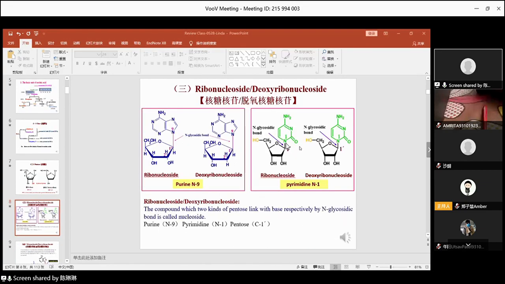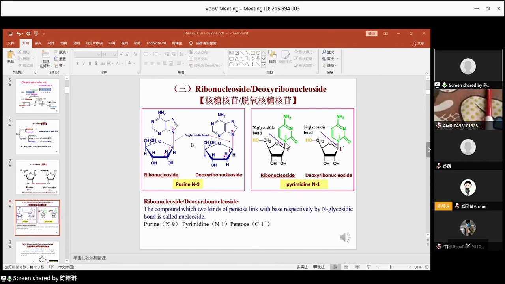Okay. And next is the definition of a ribonucleoside in RNA or deoxyribonucleoside in DNA. So in this chapter, there are various kinds of bonds. In this compound, we have the N-glycosidic bond.